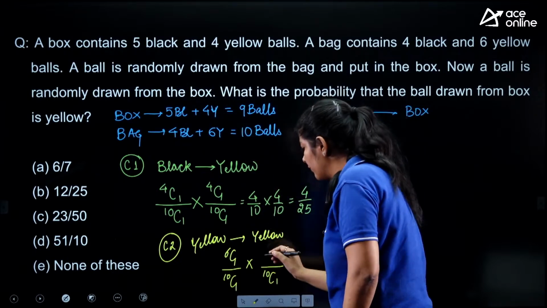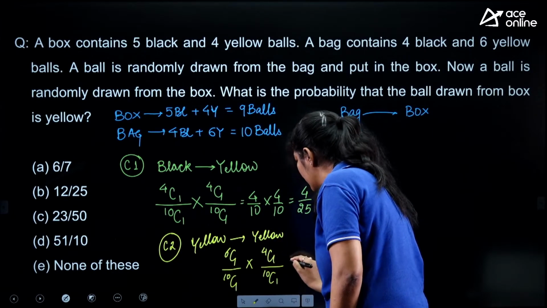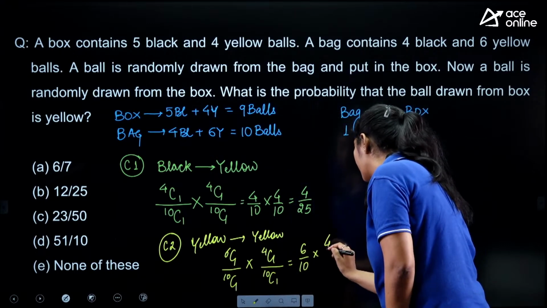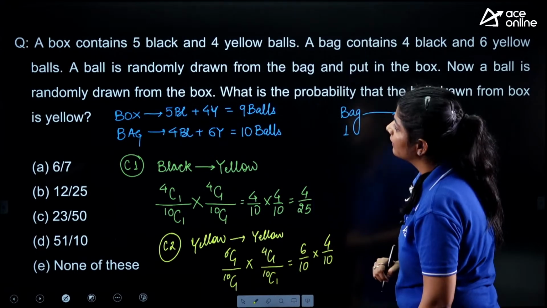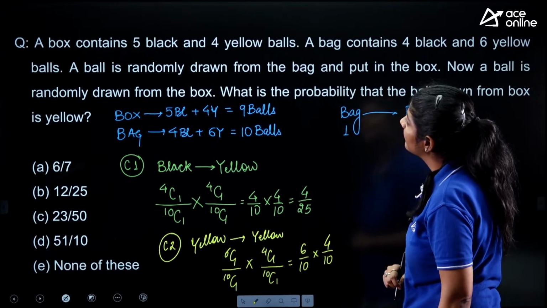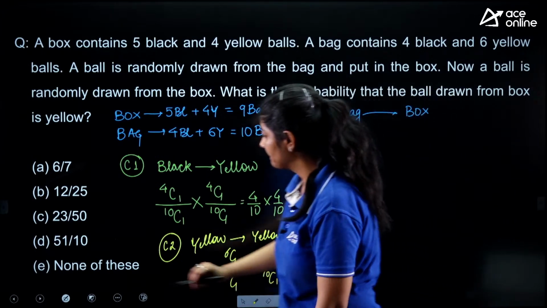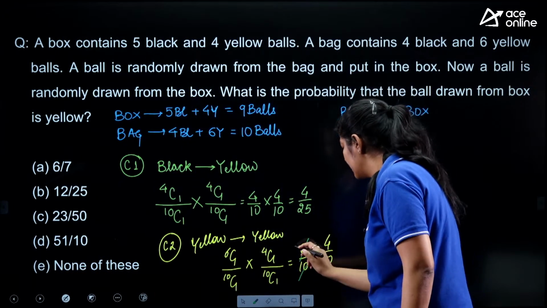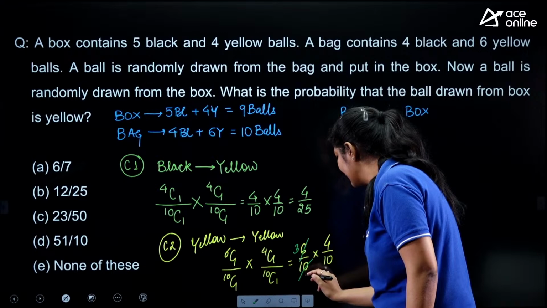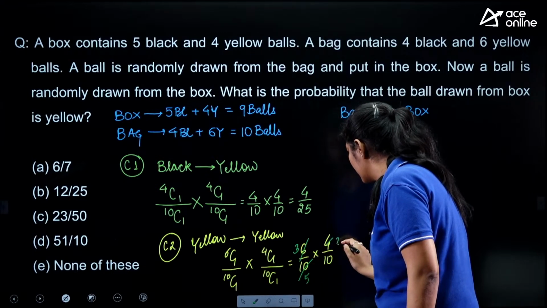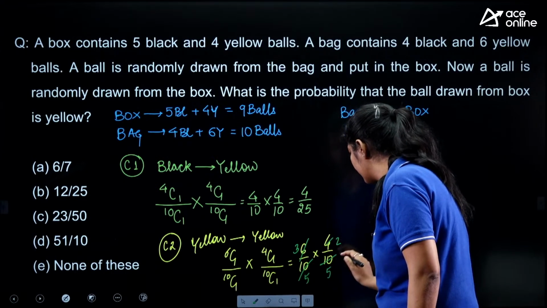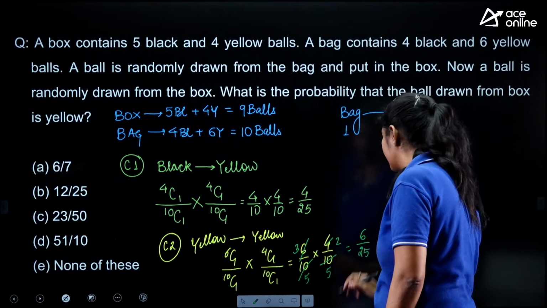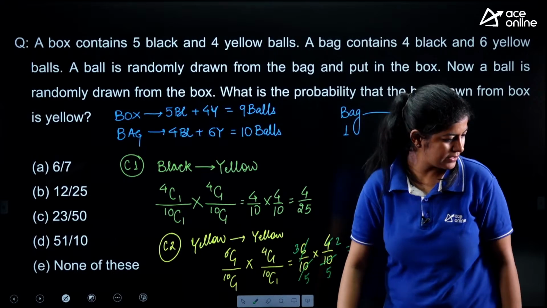We need only 1 from here, 4C1. So here 6 by 10 into 4 by 10. Right? This is what we are having. Now we need to do the calculation. I guess I made some mistake.